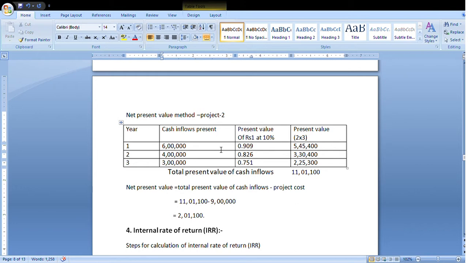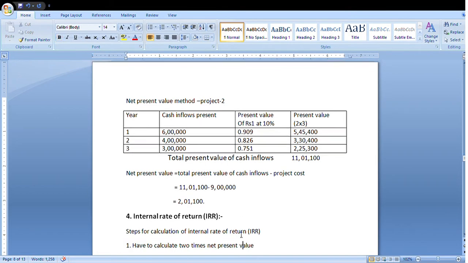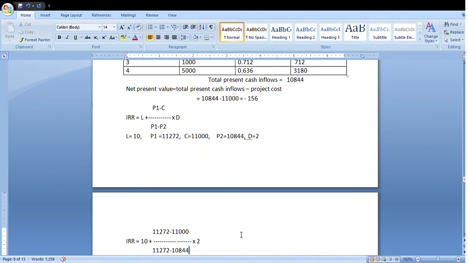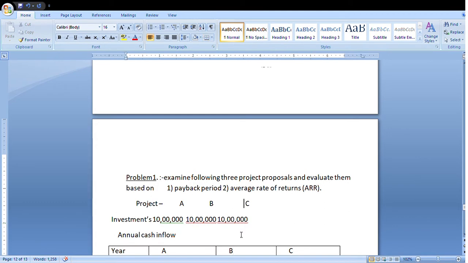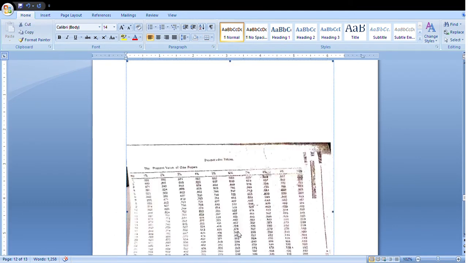Next, the third column is based on the present value table of 1 rupee. This table has years 1, 2, 3, 4, 5, 6. This side is the discount rate or cost of capital.